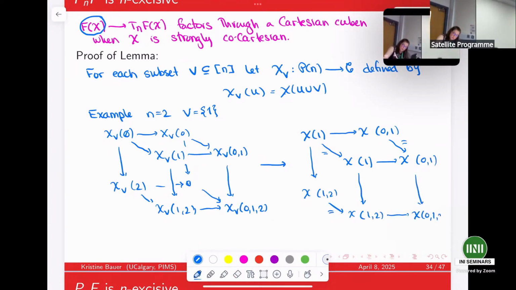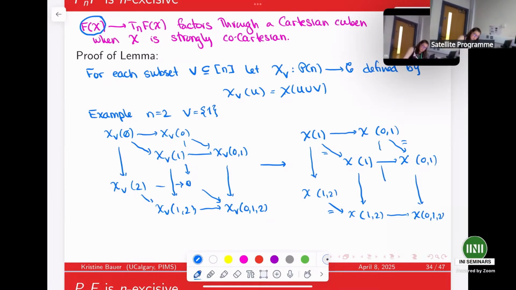Okay, and you can check if you filled in the vertex appropriately before, which obviously I'm prone not to. I believe this one was supposed to be chi of 0, 2, and now this is a 0, 1, 2. So all of these forward pointing maps just became the identity. And what I have now is a co-Cartesian square that's really, really co-Cartesian, right?